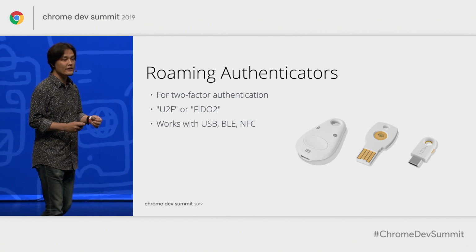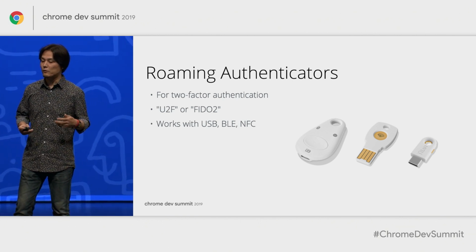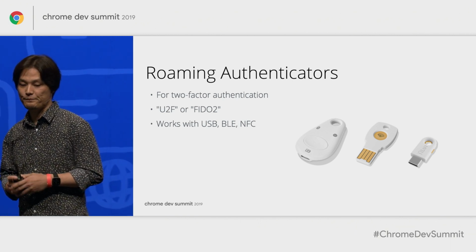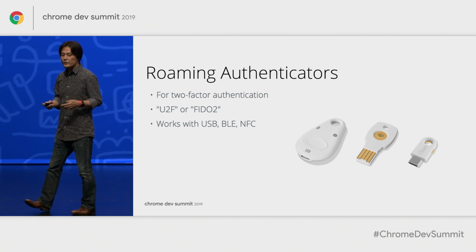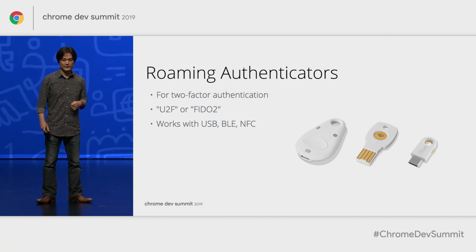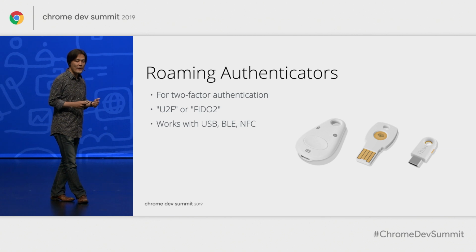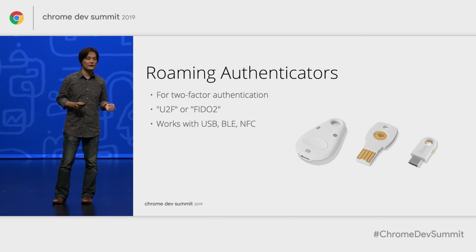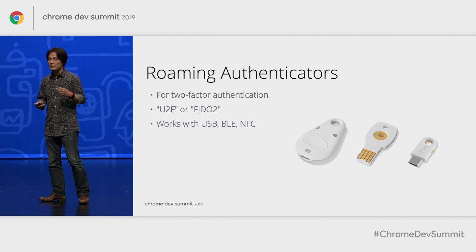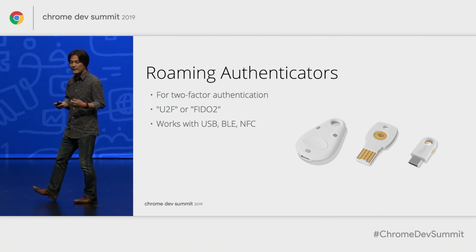As I said, security keys are the most typical form factor for two-factor authentication. They are also known as roaming authenticators. Roaming authenticators can be hooked into your computer or smartphone using USB, BLE, or NFC.